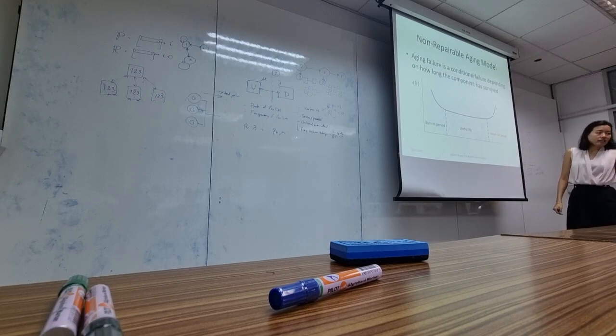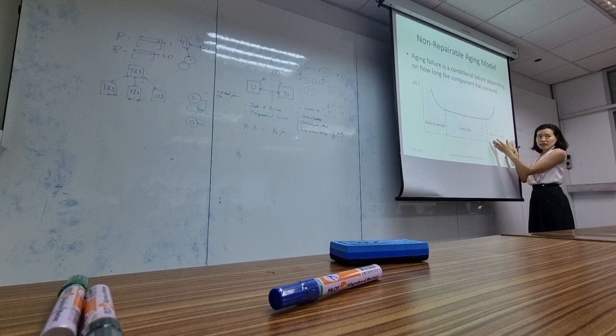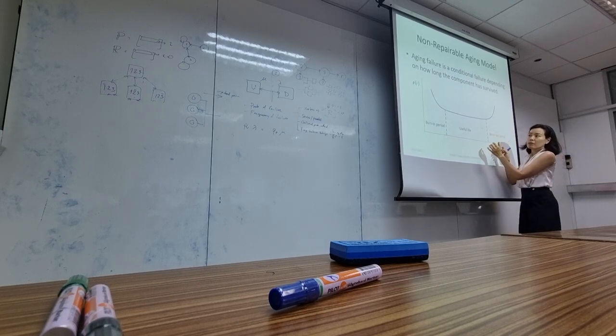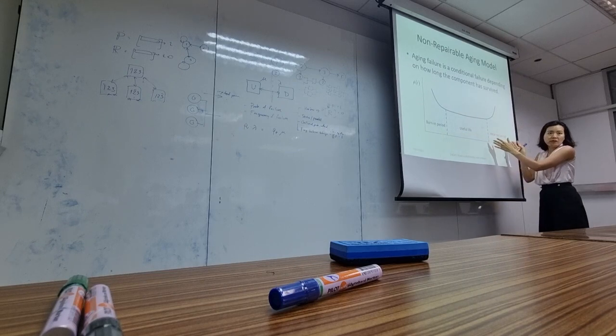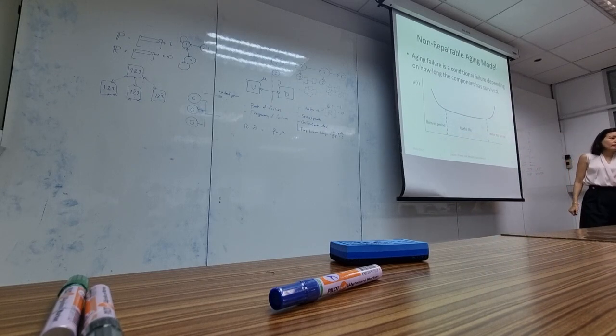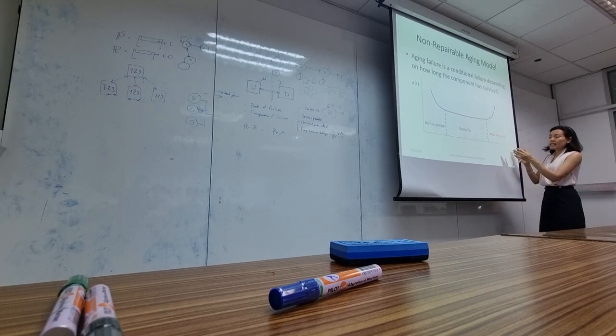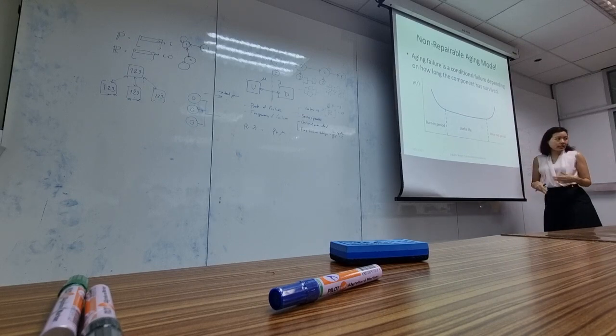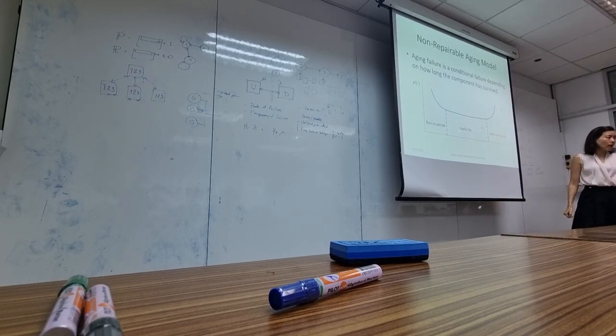But there are a lot more models and more interest, especially these days, in this wear-out period, because we have been in operation for a very long time. Like in Thailand, it has been 60, 70 years maybe in some of the components. So the analysis for this wear-out period is getting more and more popular.